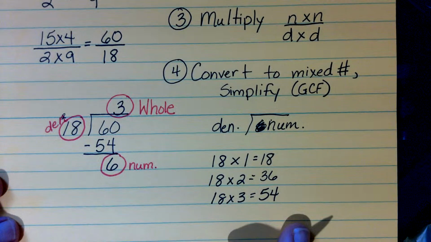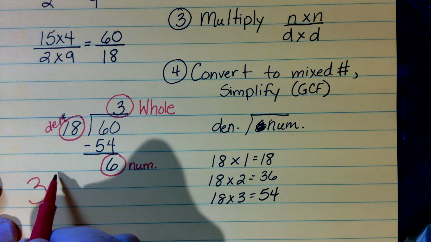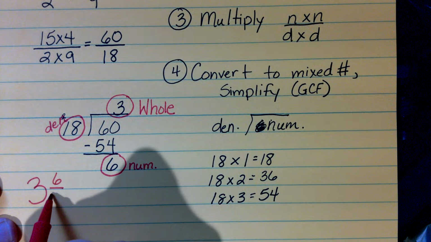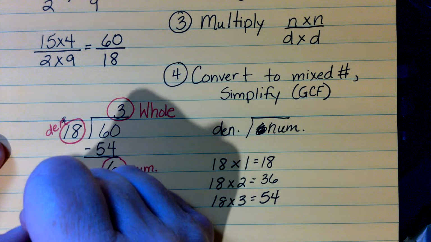So our answer at this point is 3 and 6/18. Now, this is where you're going to have to use your greatest common factor to simplify. We have to simplify 6/18.